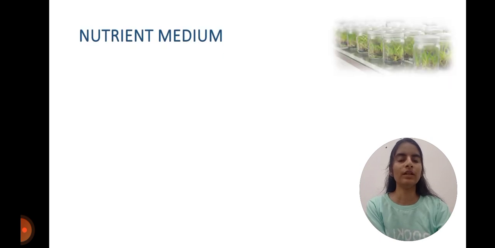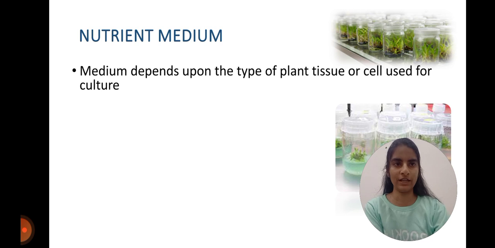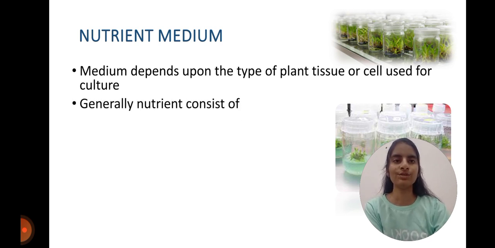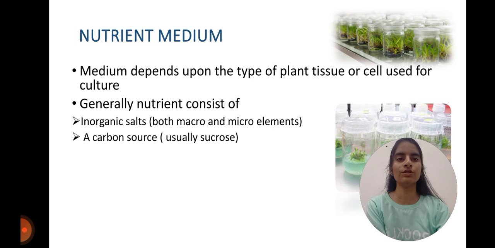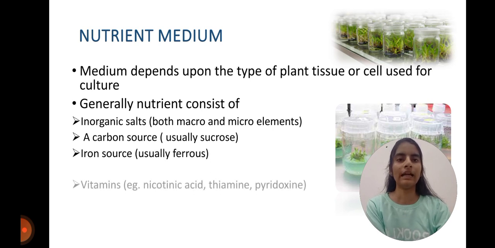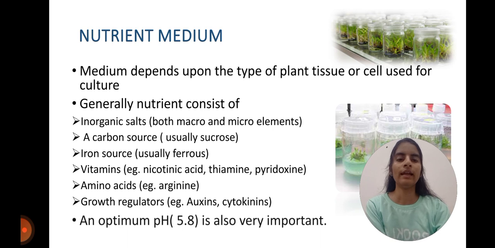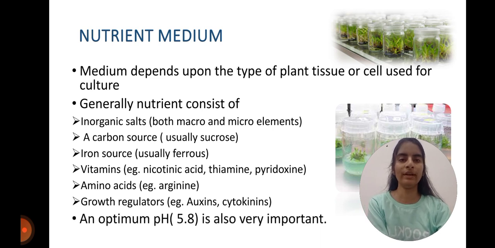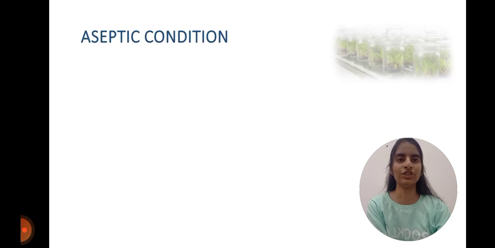Nutrient medium. The medium generally depends upon the type of plant tissue or cell used for the culture. The general nutrients consist of inorganic salts, both macro and micro elements, a carbon source usually sucrose, an iron source, vitamins, amino acids, growth regulators, and an optimum pH of 5.8 is very important. Aseptic condition.